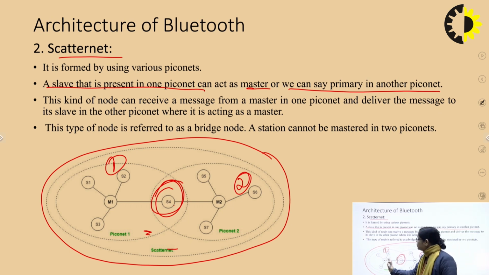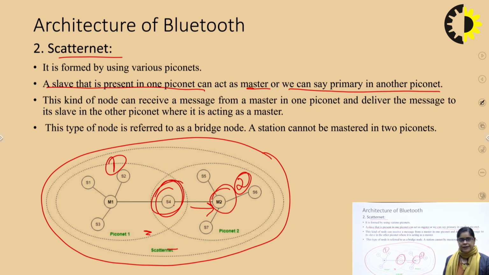This kind of node can receive a message from the master in one piconet and deliver the message to the master of another piconet.